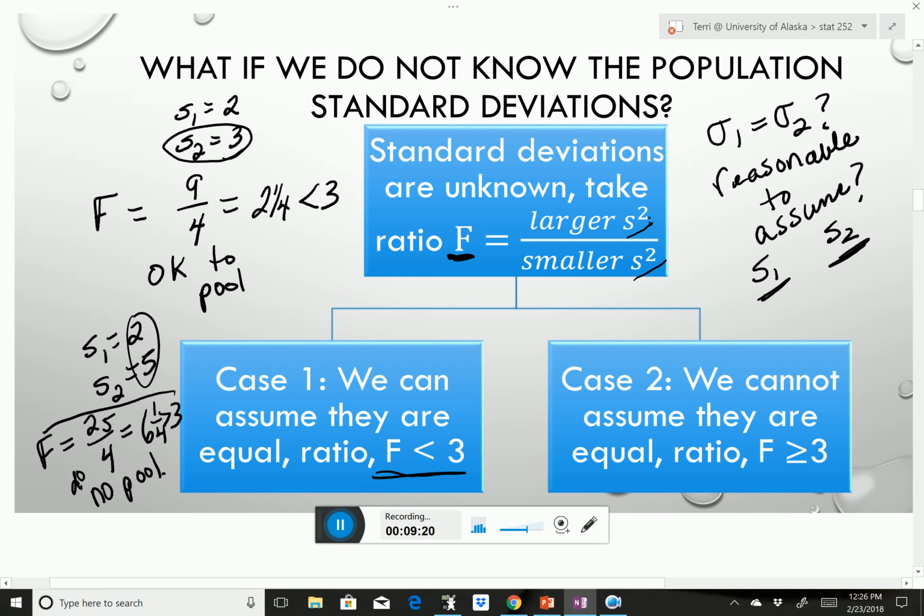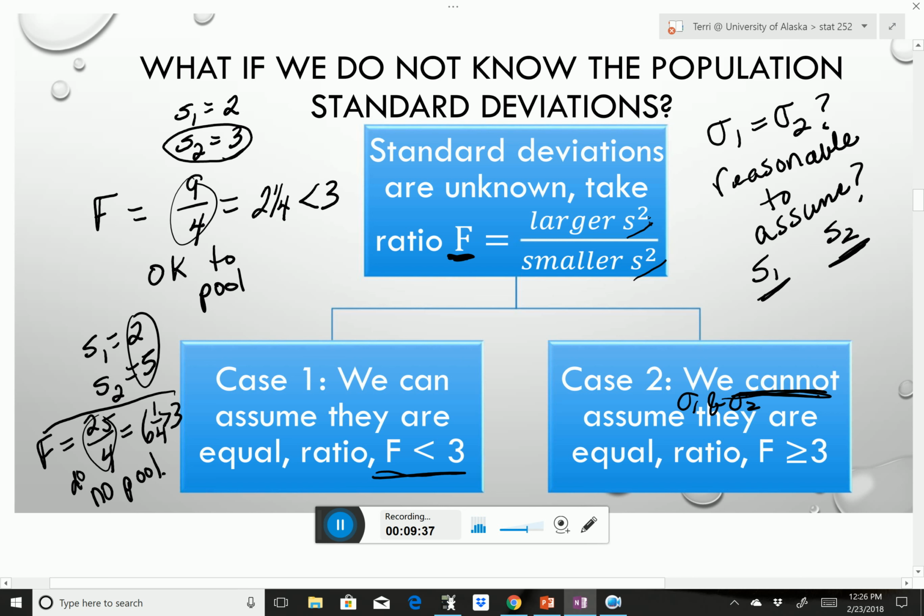So this is the kind of thing that we're going to do, and that's all there is to it. And you might have to use your calculator. It might not be quite these little simple ones. So case 2, we cannot assume that sigma 1 and sigma 2 are equal.